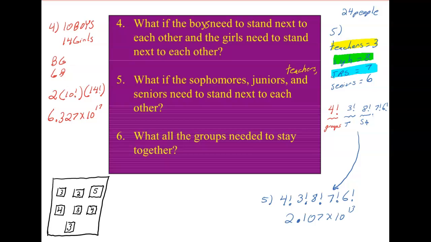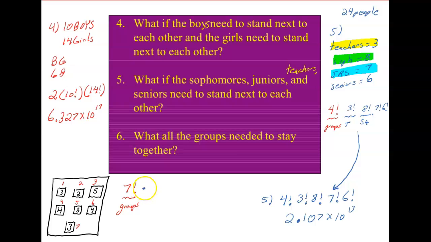So question number 6 is asking, how many ways can we line up at the door if the groups need to stand next to each other? If you count this, there's 1, 2, 3, 4, 5, 6, 7 groups. So the 7 groups could be arranged 7 factorial. Then you could rearrange each group.